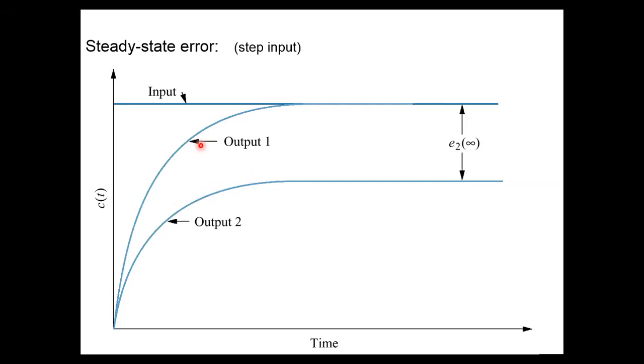The expressions we derive to calculate the steady state error will not be applied to unstable systems. So in the whole discussion we will be assuming that all the systems used here are stable systems.